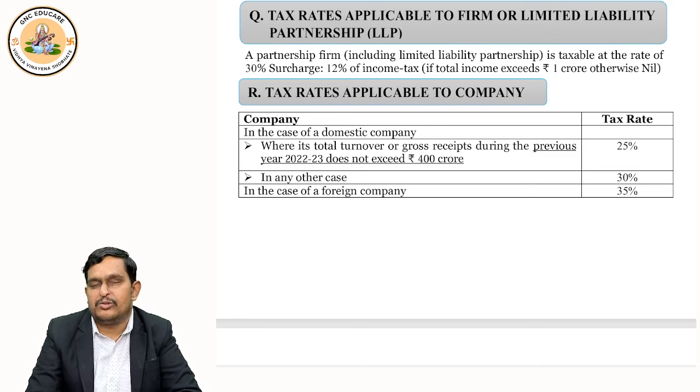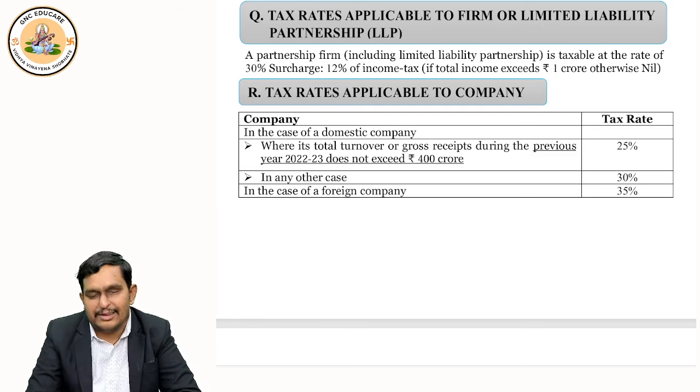But if 22-23's turnover is less than 400 crores, your tax rate will be 25%. So if 22-23's turnover is more than 400 crores, then your tax rate for assessment year 25-26, that means for your exams, the rate would be 30%. Less than 400 crores, your rate will be 25%.